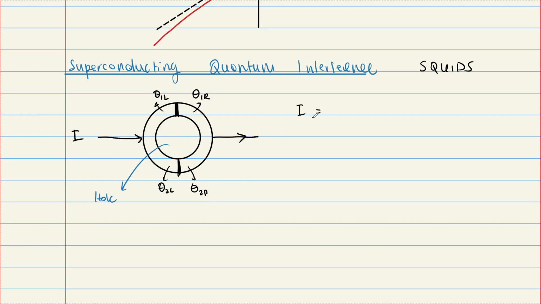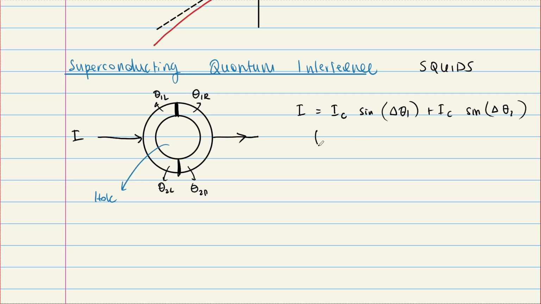I'm going to assume a balanced upper branch and lower branch. I is going to be some I_C sine delta theta 1 plus I critical sine delta theta 2. Phase difference in the upper branch and phase difference in the lower branch. Good.